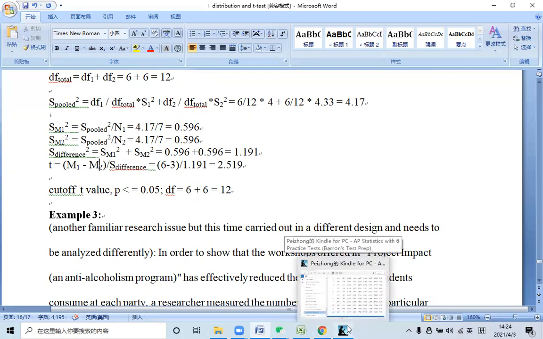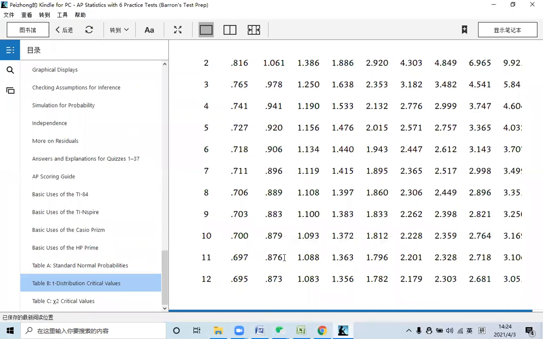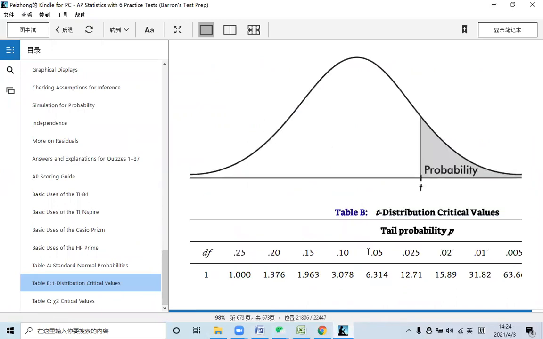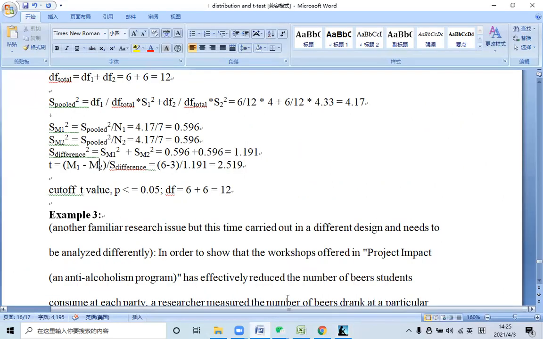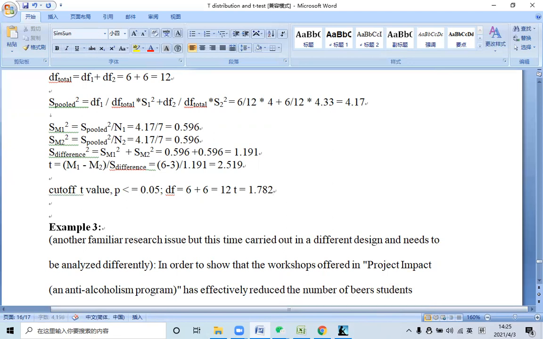Look at the cutoff: 0.05, 12 degrees of freedom, 1.782. That is the cutoff.